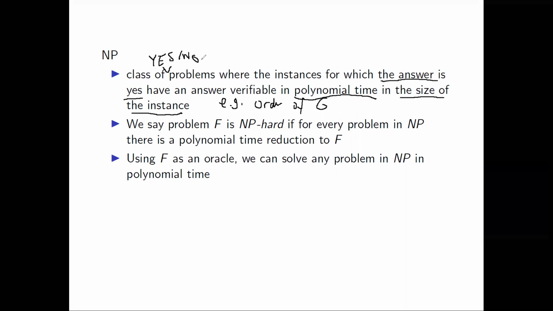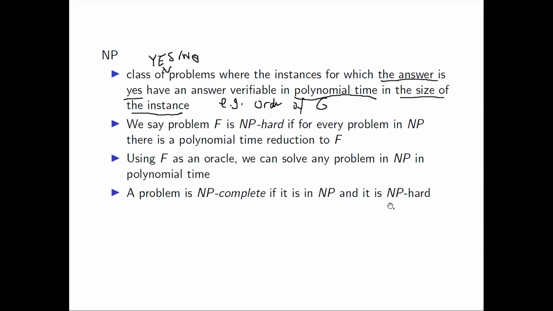But just to make that clear, we're talking about problems where they either have a yes answer or they have a no answer. And we've already seen a bunch of examples of problems that are both in NP and NP hard. The term for that is NP complete. So we say a problem is NP complete if it's both in NP and it's NP hard.